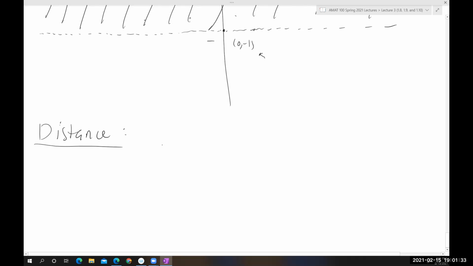This is pretty intuitive. The idea is that there's actually a lot of ways to measure distance. There's a more general notion of a metric, and the way you measure is not always the way it corresponds to what you do on a daily basis.